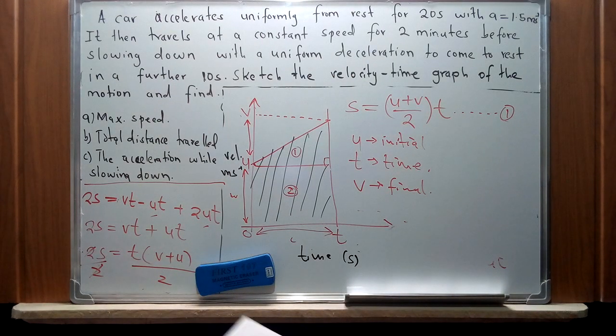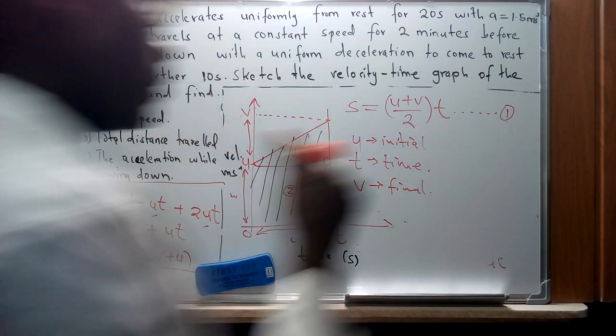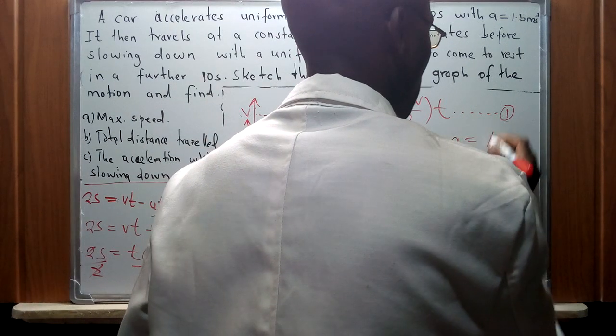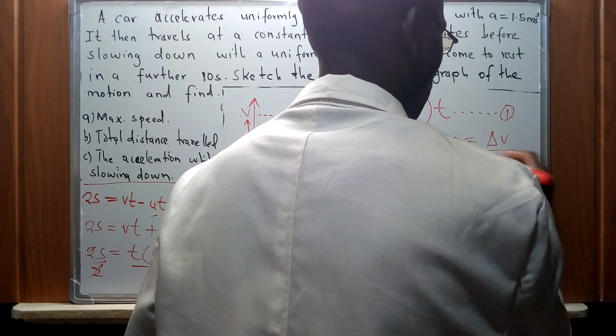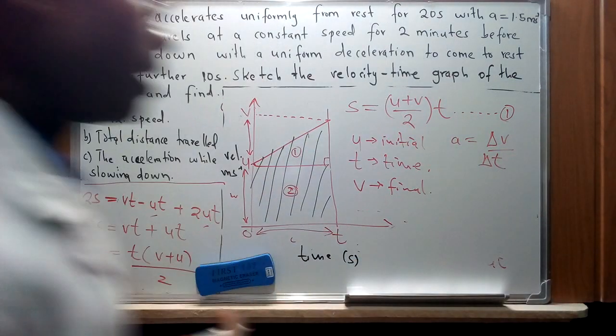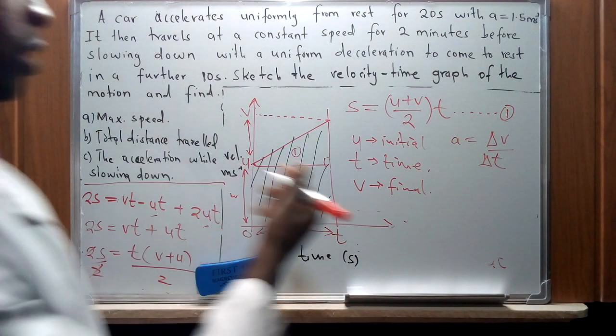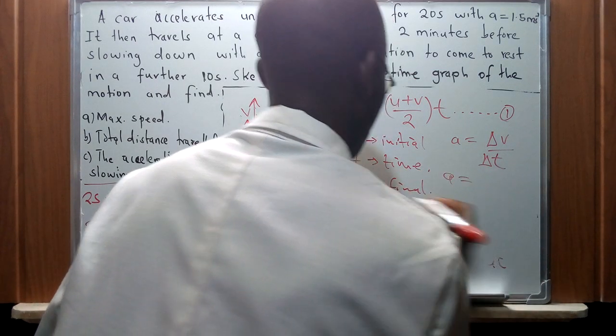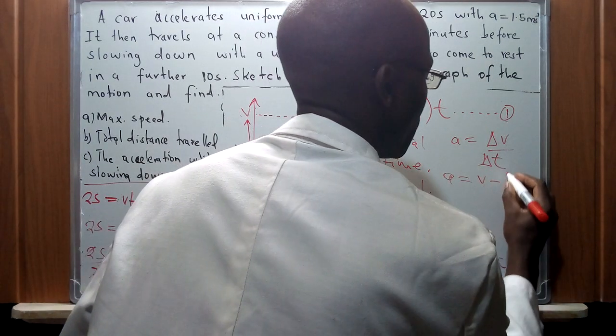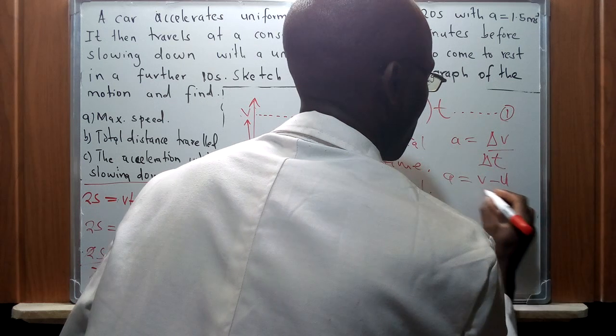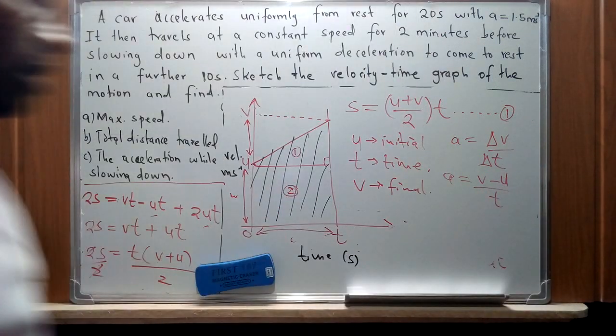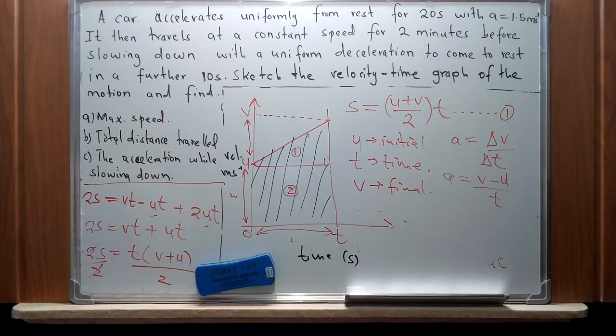Now from the equation that we had talked about, the gradient, which is going to represent the acceleration, is acceleration equals change in velocity over change in time. So in our case, change in velocity will be final velocity minus initial velocity, divided by time, which will give us our acceleration.